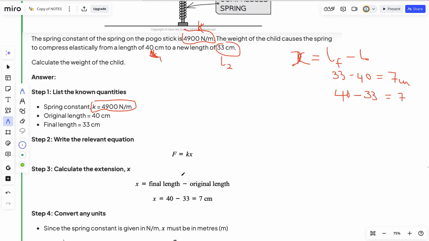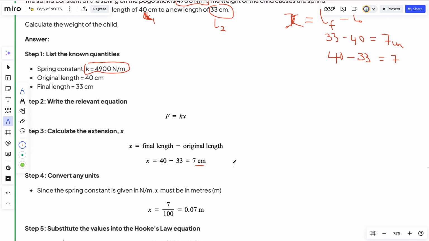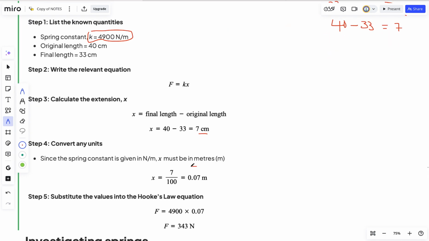But because the spring constant is given in Newton per meter, we must change this extension to meter. To change centimeter to meter, you divide by 100. So if we divide this by 100, we get 0.07 meter.